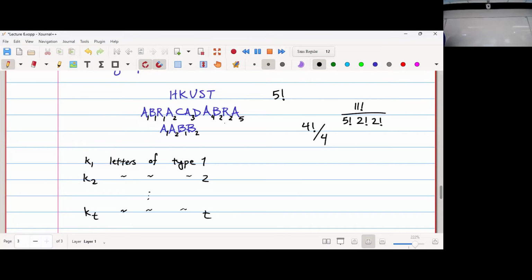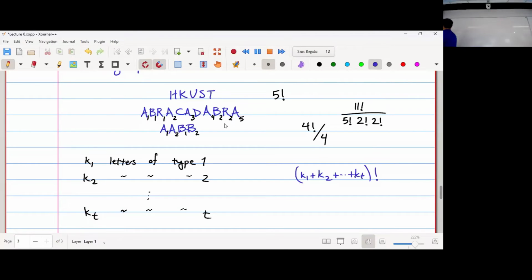I want to see how many different permutations I have. Again, I'm just extending the previous idea. First, I assume that all of my letters are different. So I have K1 plus K2, so on to KT letters. And the number of permutations would just be the number of letters factorial.